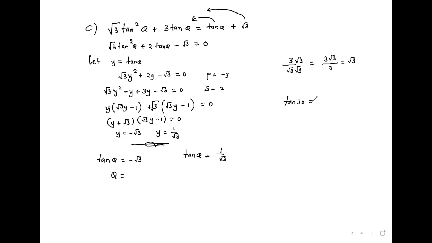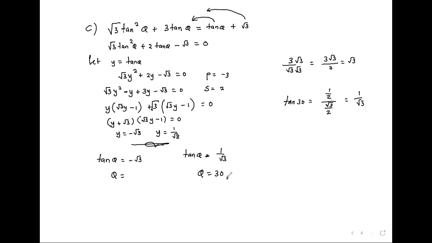Tan 30 is sin 30 over cos 30, which is 1 over root 3. So the one that gives me root 3 is 60.